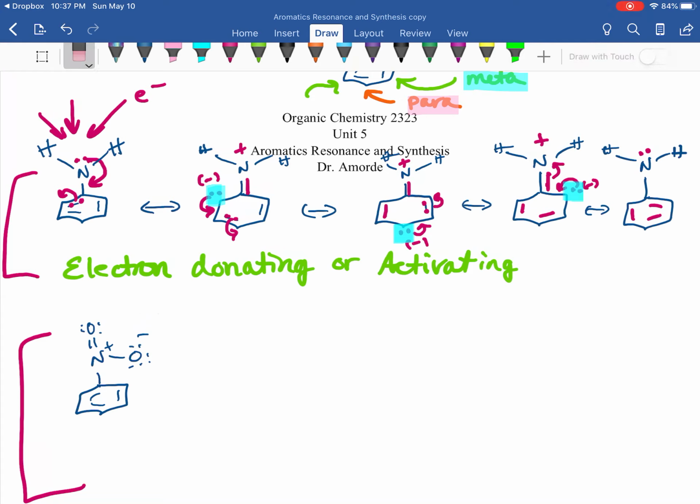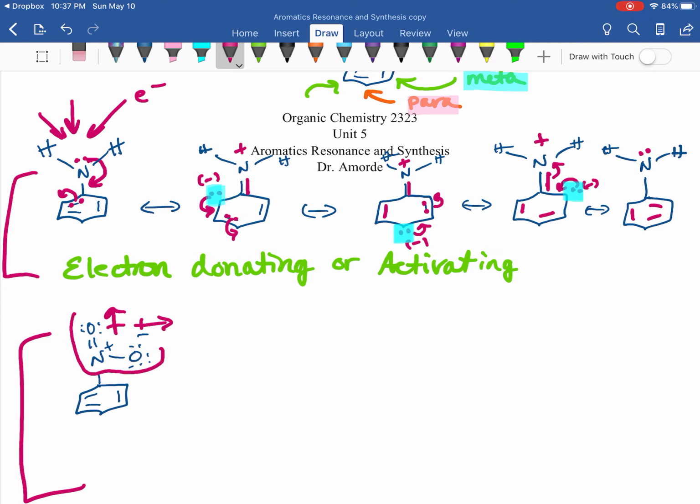Now right here on this nitrogen, do you have an available lone pair? No. And not only that, you have very electronegative oxygens pulling electron density towards them. So you have the exact opposite situation in this benzene ring. In fact, you have something pulling electrons out of the ring instead of donating electrons into the ring.